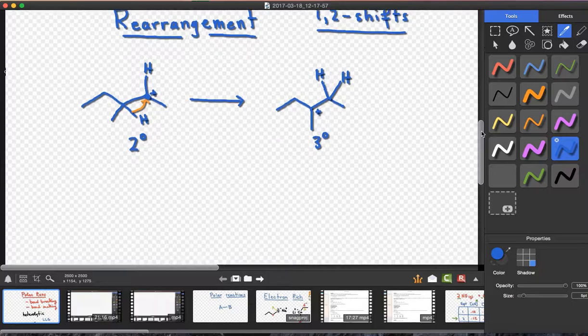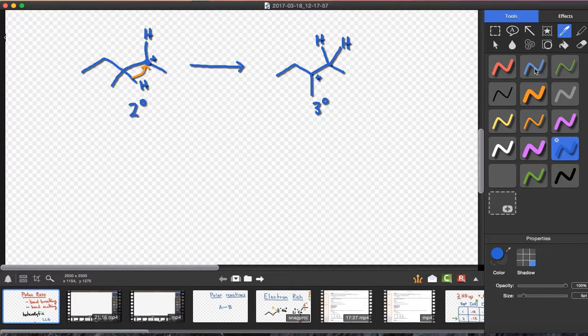Let's look at another example. So in this example, once again, I have a secondary carbocation.